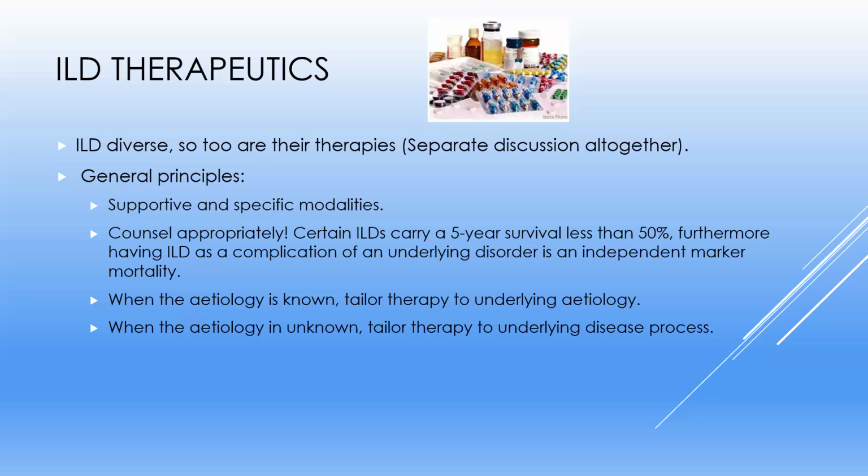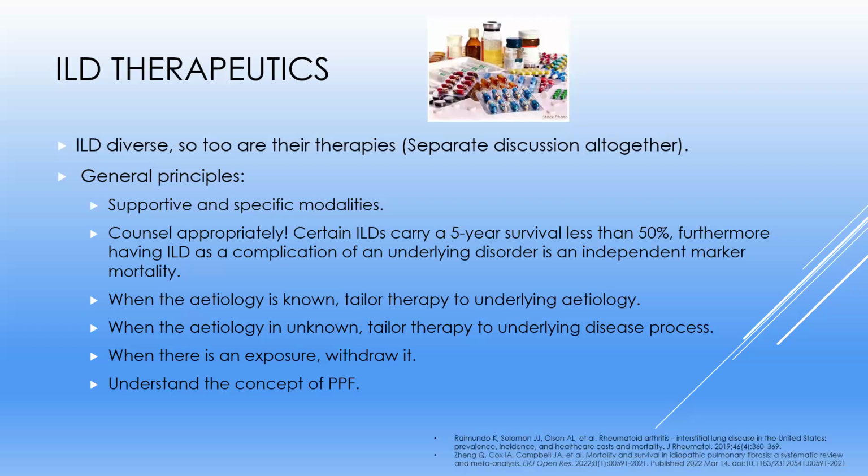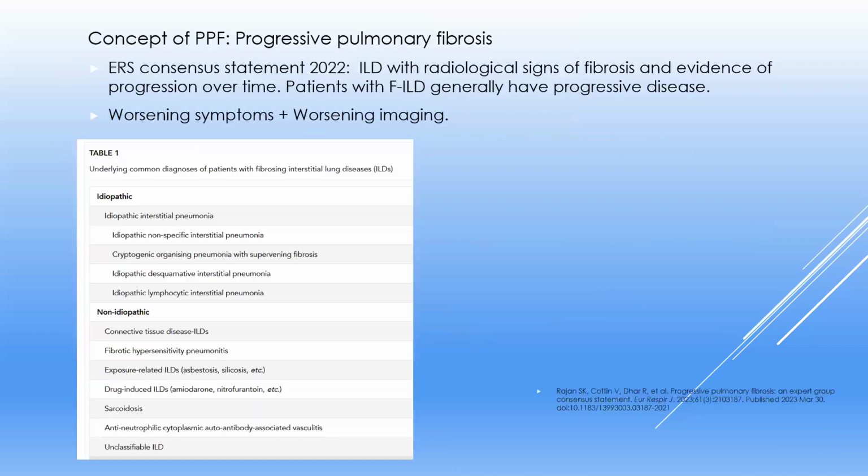Generally, when the etiology is known, treat the underlying etiology. If the etiology is unknown, treat the underlying disease process. When there is an exposure, try and withdraw it if identified. Also understand the concept of PPF, which is well described by the ERS, the European Respiratory Society. Basically, it implies ILD with radiological signs and evidence of progression over time.